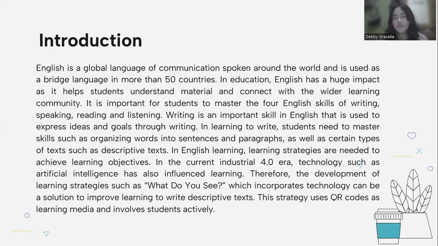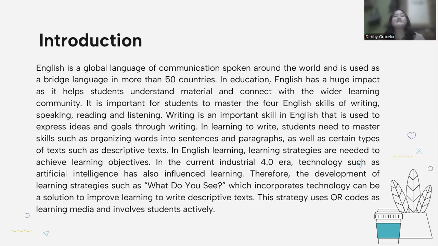And in the learning process, we know that teachers need a teaching strategy. And in the current industrial 4.0 era, technologies such as artificial intelligence have also influenced learning. Therefore, the development of learning strategies such as what do you see, which incorporates technology, can be a solution to improve learning to write descriptive text.